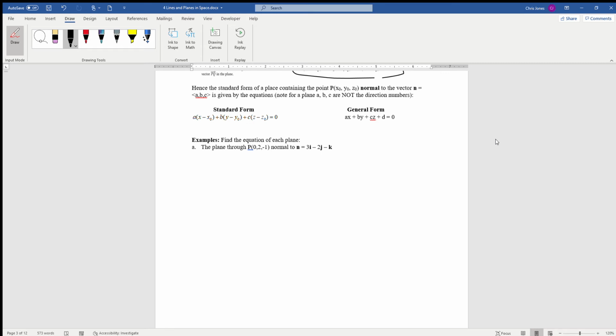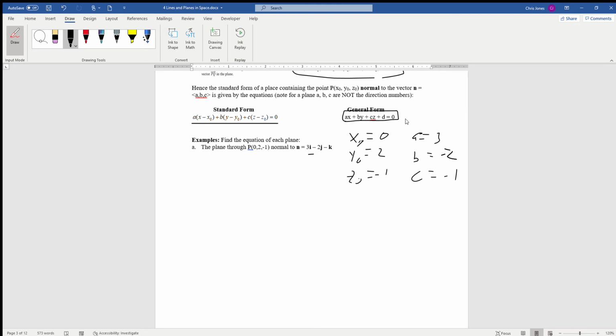All right, so in this problem, x naught is 0, y naught is 2, z naught is -1, a is 3, as it's the coefficient of i, b is -2, and c is -1. And we're literally just going to throw that into the equation that we have above. Okay, so we're going to throw it into this equation, and then more useful is probably the general form.